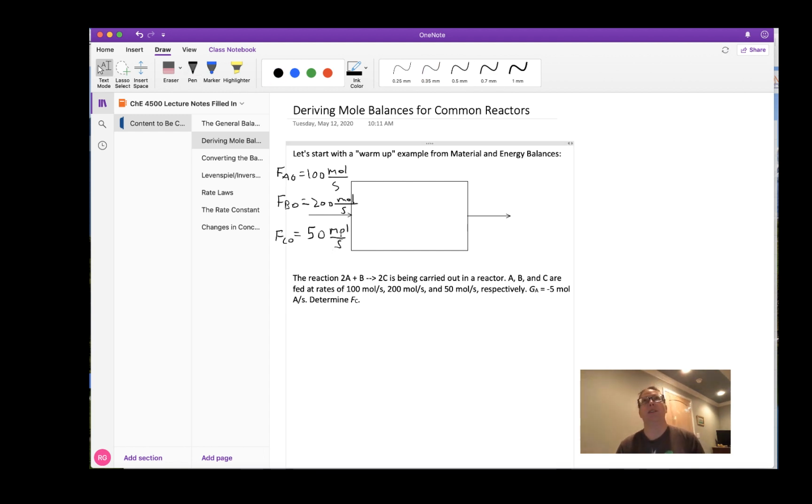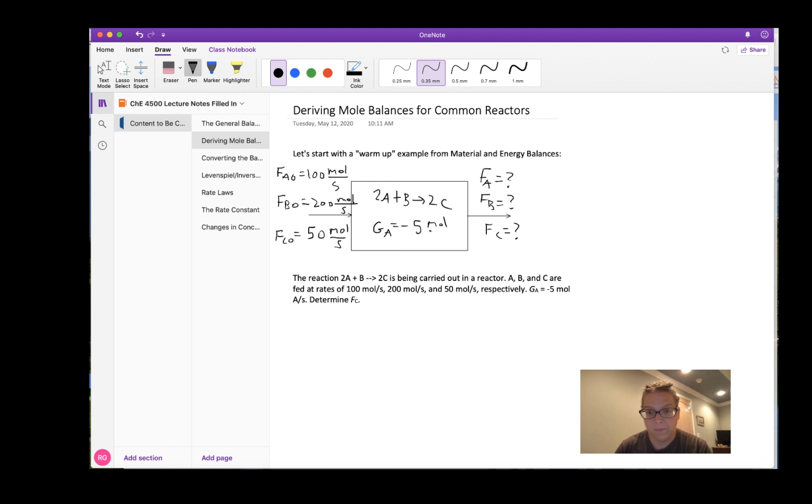Again, I'm using the naught subscript to indicate these are inlet flow rates. Coming out, I don't know any of the flow rates. The reaction that's taking place is 2A plus B goes to 2C, and I know that GA is equal to minus 5 moles per second.